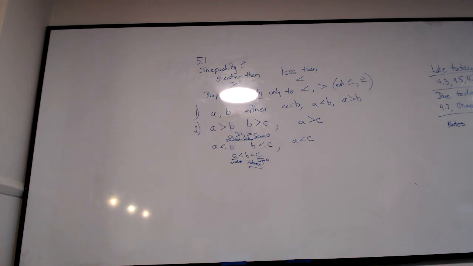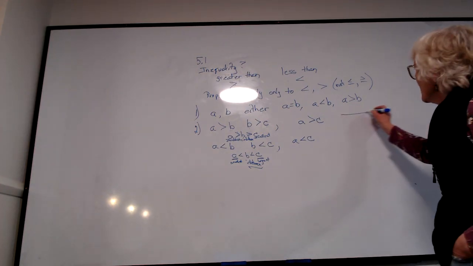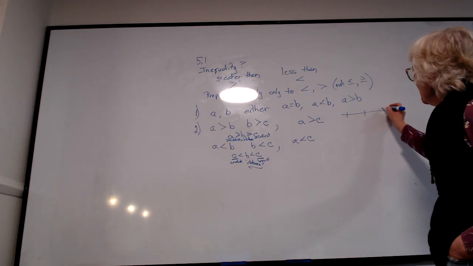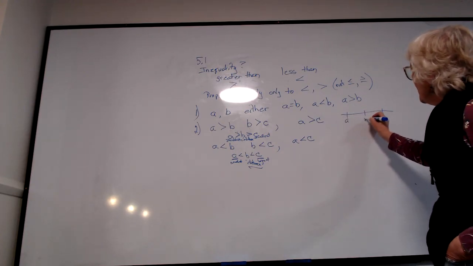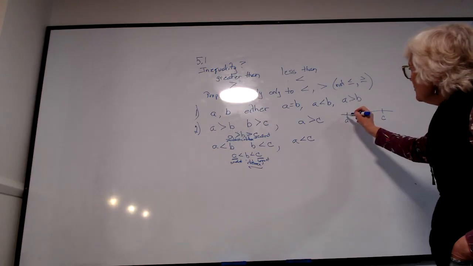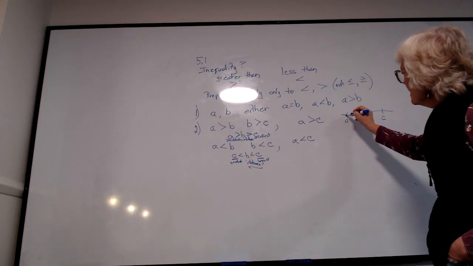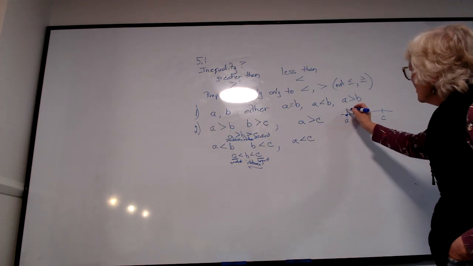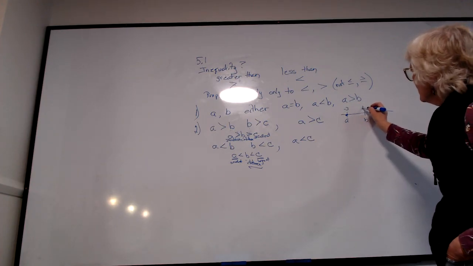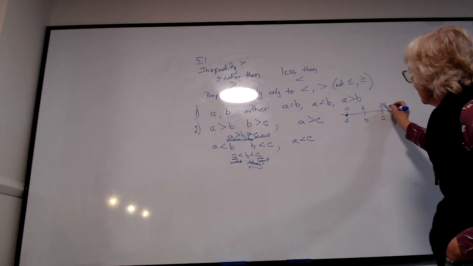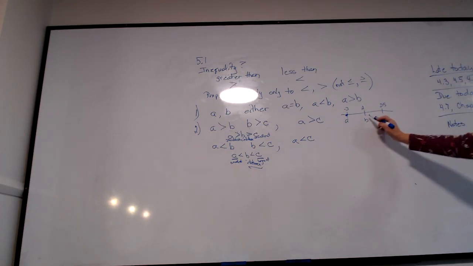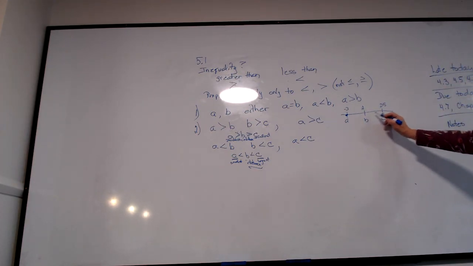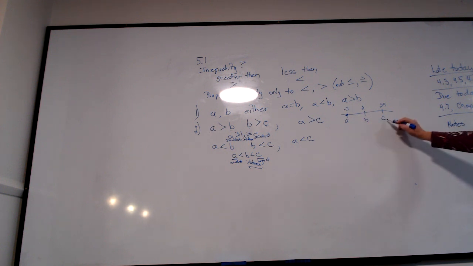If we have a line segment like this, and we have A, B, and C on here, and this number here is -3 and this is 2 and this is 25, then -3 is less than B, B is less than C, so A has to be less than C. That's kind of how it looks.